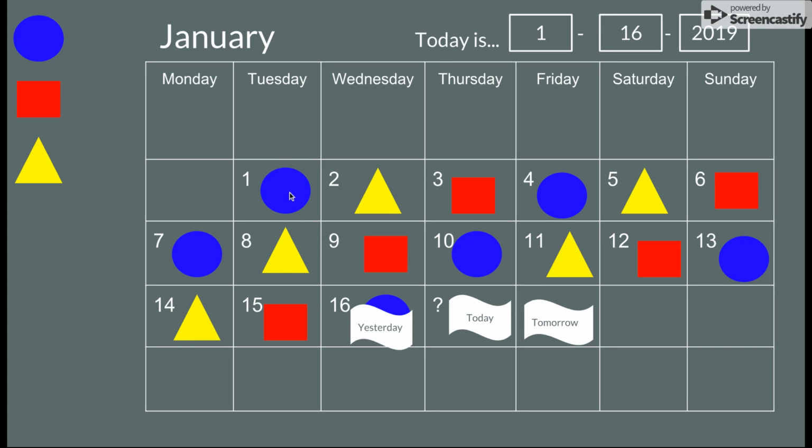So we're working on patterns, just very simple: circle, triangle, square, circle, triangle, square. So it's very visually pleasing for any ELL students or any students with special needs. So it adds a visual aspect to it.